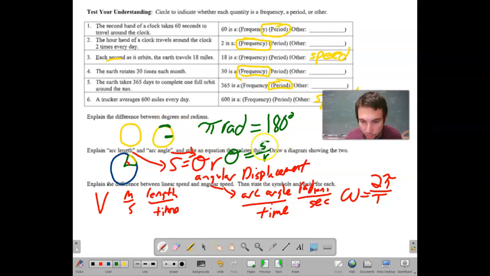My angular speed can also be my length per unit time around a circle. So it's my linear version, which is velocity, over the radius. So this is V over R, my velocity over radius.